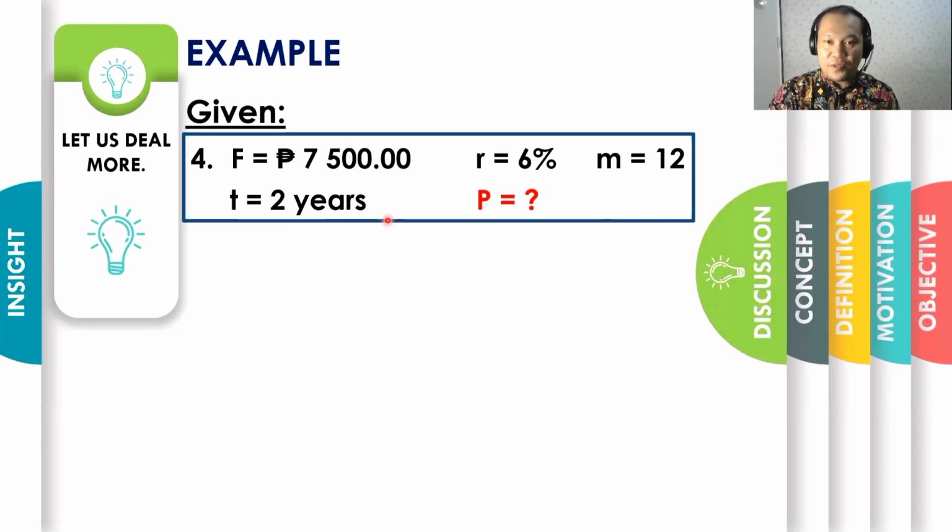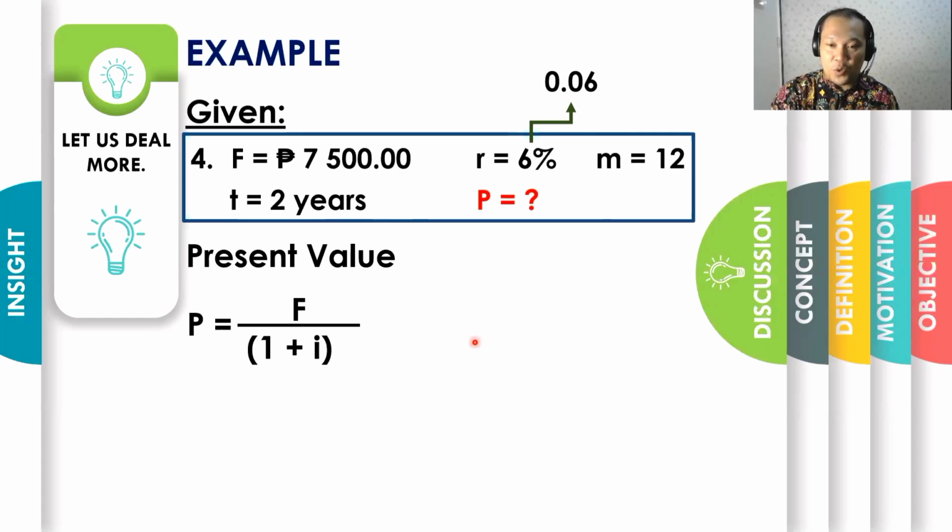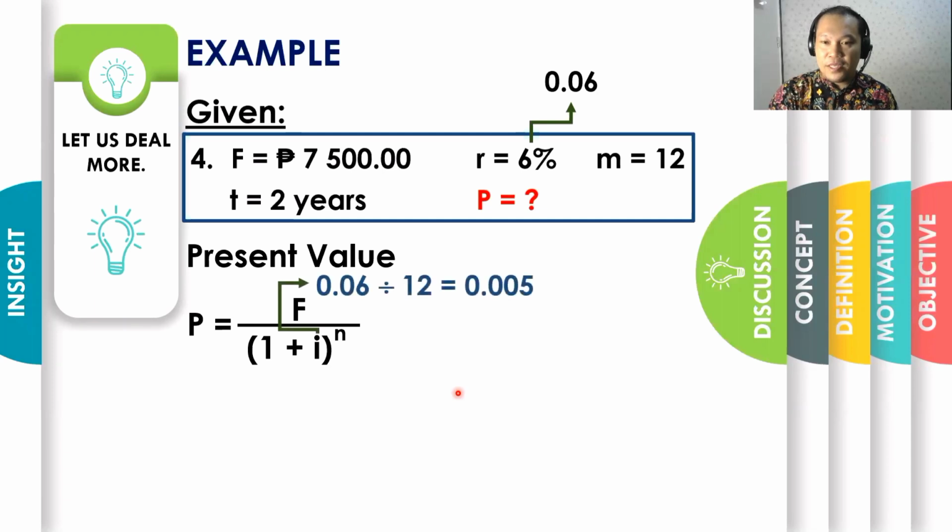Before we proceed with the formula, first, we are going to express our 6% to decimal. And here is now our formula in finding the present value, which is F divided by the quantity 1 plus I, raised to the power of n. To find I, we have 0.06, that is R divided by 12, which is 0.005.